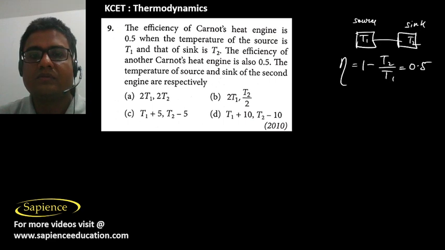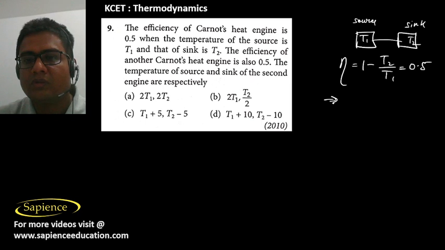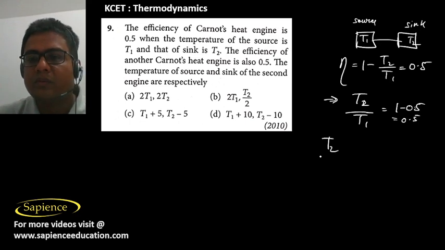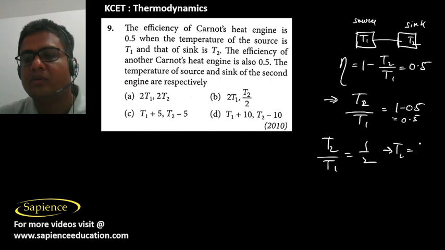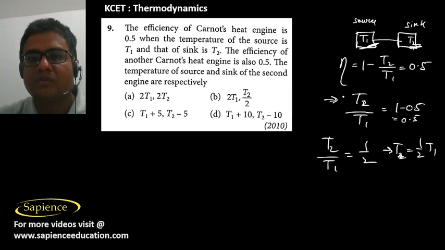The temperatures of source and sink of the second engine are respectively? So it means that T2 by T1 should also be equal to 1 minus 0.5, which is 0.5. It means T2 should be equal to half of T1. It means that the temperature of the sink should be half of the temperature of the source.